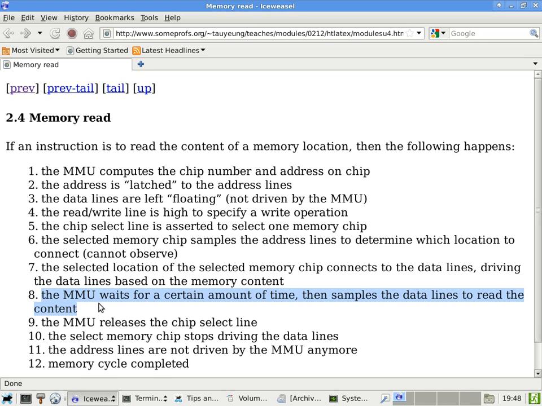So basically you are repeating this step here without having to repeat the other steps. In other words, once you specify all the other steps, the MMU waits for a certain wait state, samples the data line, and then waits for another wait state and samples the data line again.